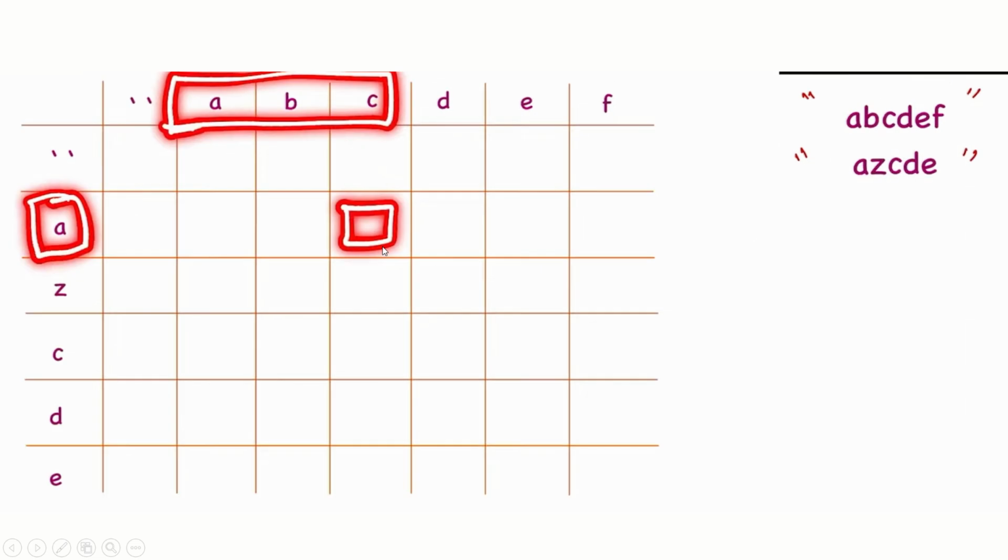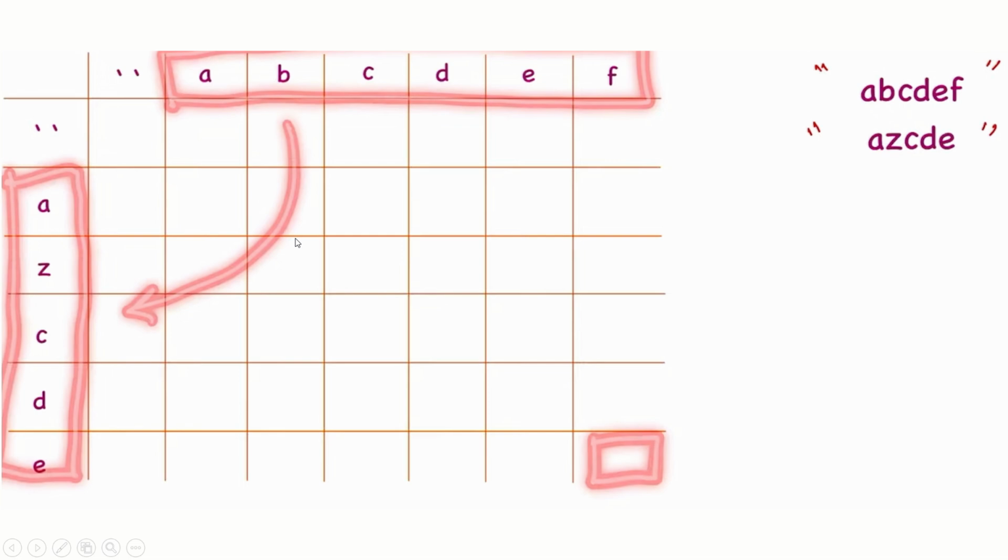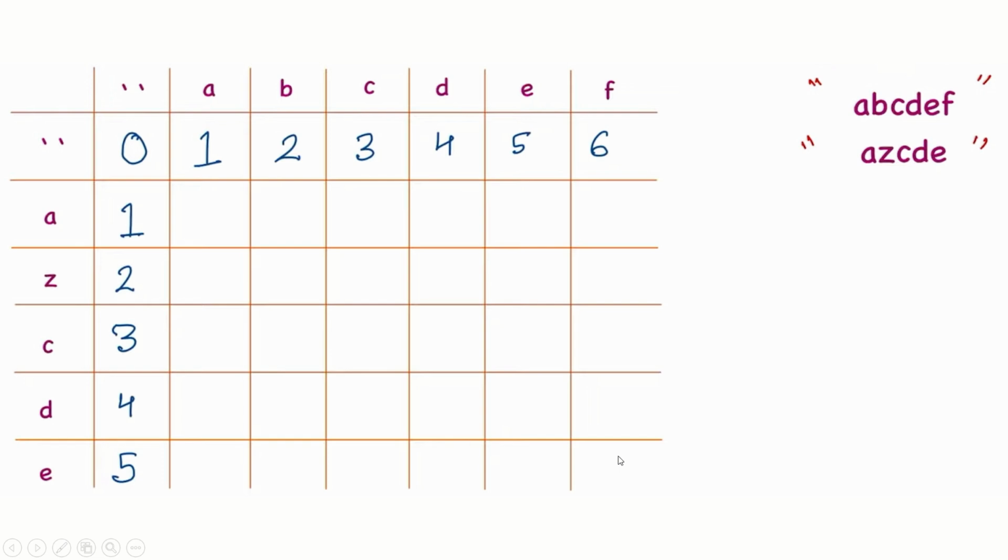This box implies the number of operations required to convert the word ABC into A, and this box implies the number of operations required to convert the word ABCDEF into AZCDE. That is basically the answer that we are looking for.